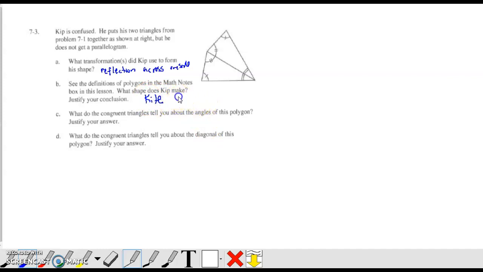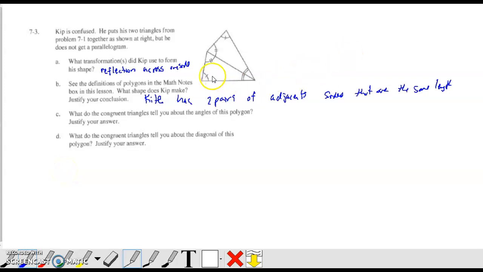And a kite has two pairs of adjacent sides that are the same length. So that's our reasoning. What do our congruent triangles tell you about the angles of this polygon?